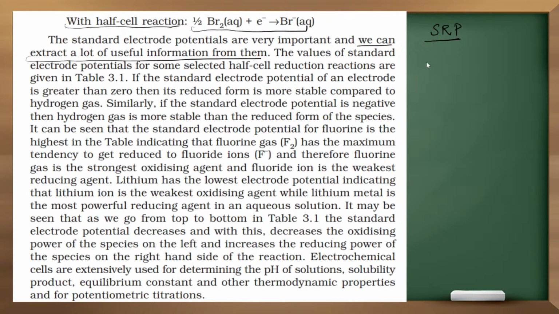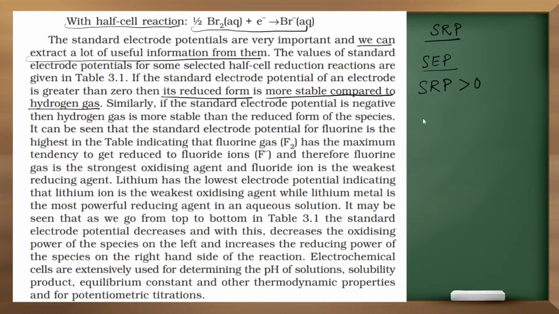Now, what is standard electrode potential actually? It is standard reduction potential. So if standard electrode potential is greater than 0, that means its reduced form is more stable compared to the hydrogen gas.